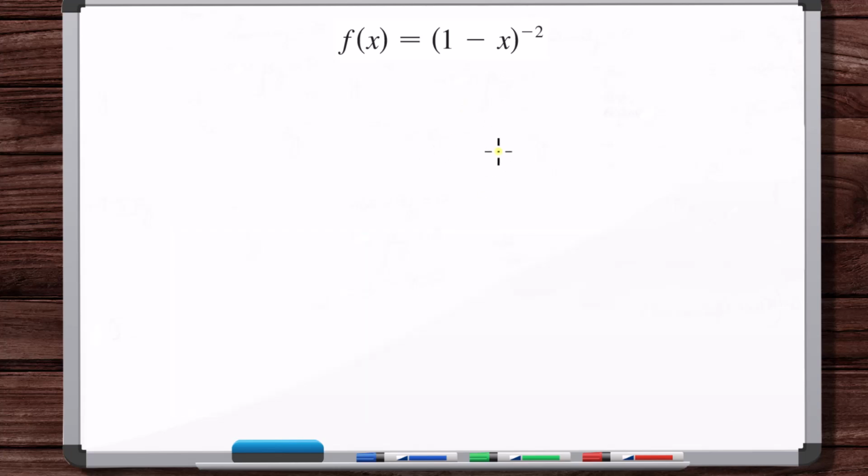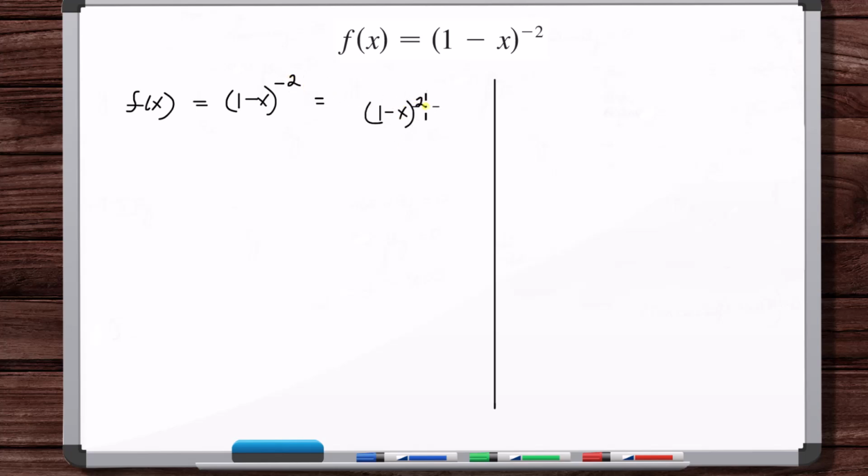Okay, so the way to approach building a Taylor series or Maclaurin series of a function is you make 2 columns, make the left column a little bit bigger than the right column, and in the left column, we're going to write out the function, and then we're going to write out some of its derivatives, as many as we need.